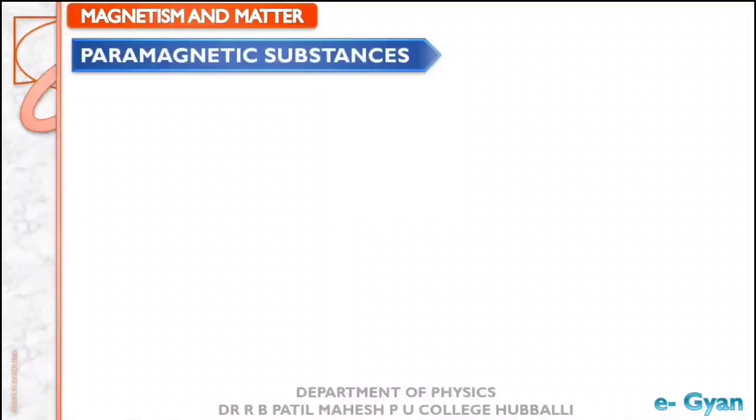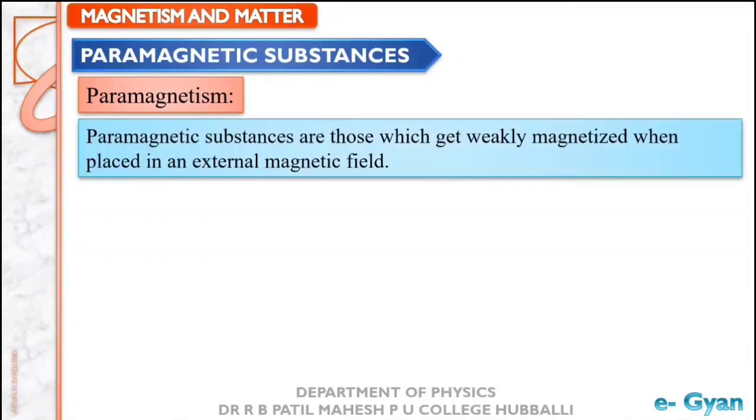Let us now study paramagnetic substances. These are the substances which exhibit paramagnetism. So let us define what paramagnetic substances are. These are the substances which are weakly magnetized when they are placed in an external magnetic field.